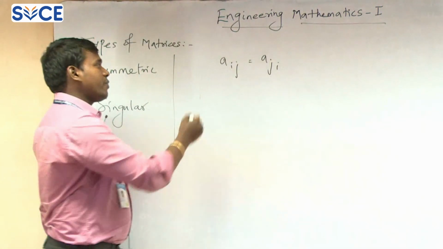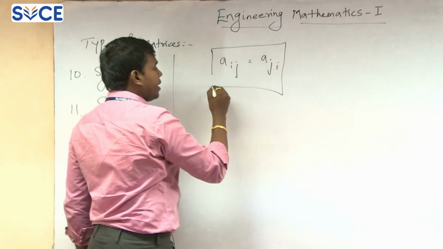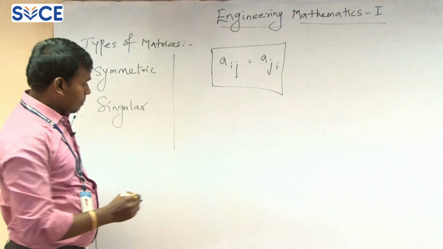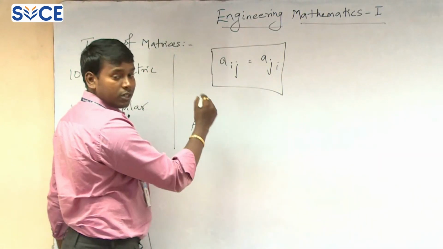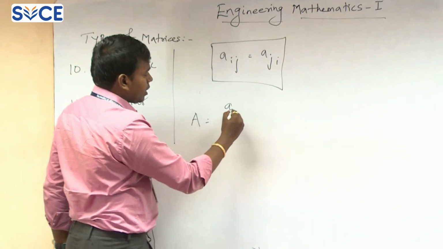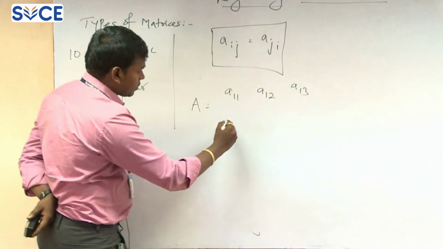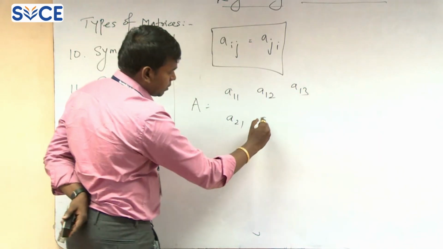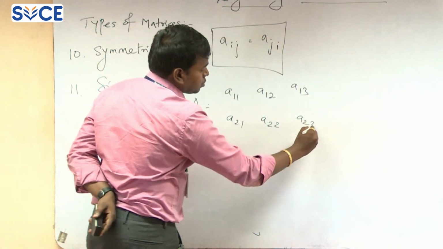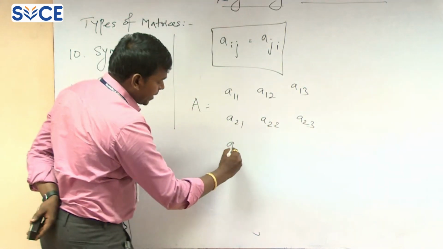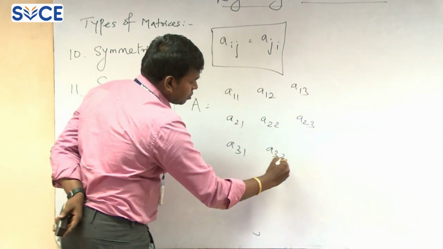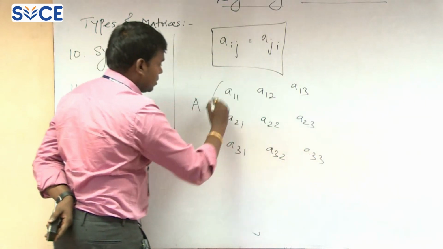This is a condition for all i and j. For example, A equal to, the general form of 3 by 3 matrix is A11, A12, A13. Second one, A21, A22, A23. Third one, A31, A32, A33.